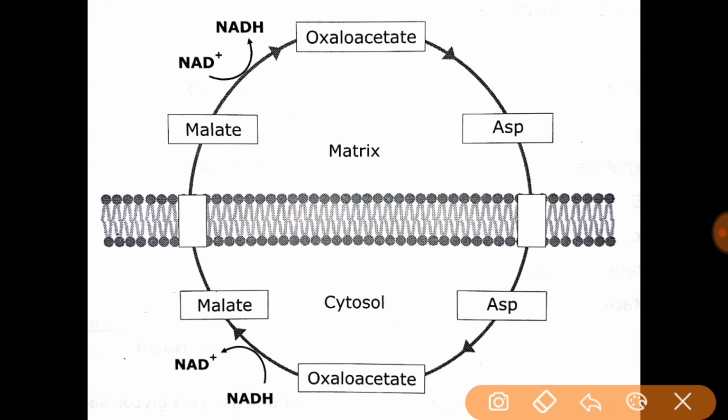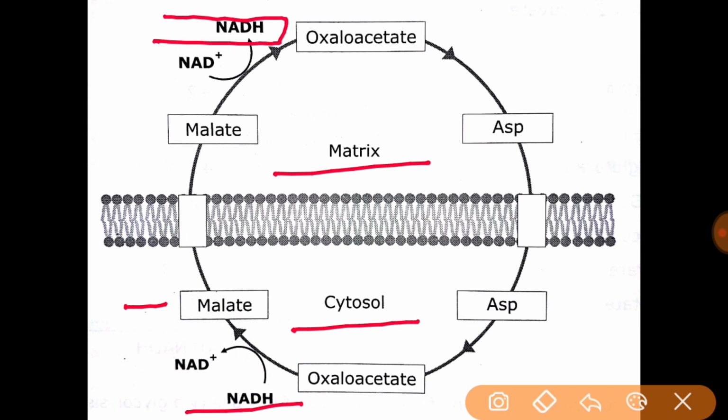So in this way, from the cytosol, NADH transfers its electron through malate, which crosses the membrane, and ultimately in the matrix of the mitochondria there is generation of NADH, and now this NADH reaches the electron transport chain for further processing.